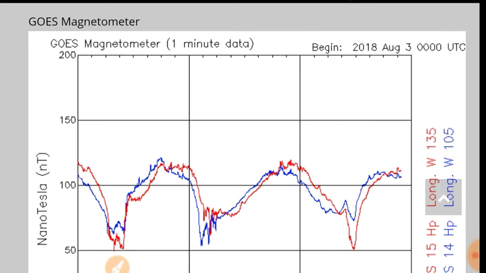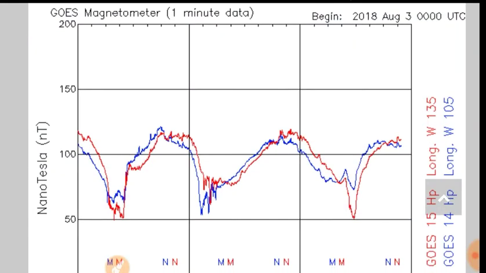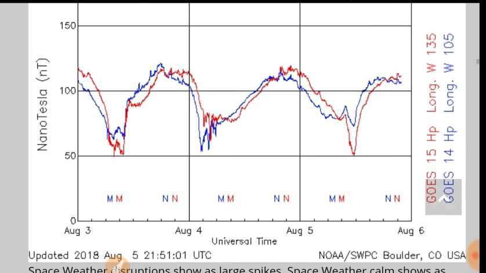Now, the magnetometer, we're not going to say the magnetosphere because we're measuring the magnetic field in space here, okay? Drop down, and the red and blue lines, they got very far away from each other.